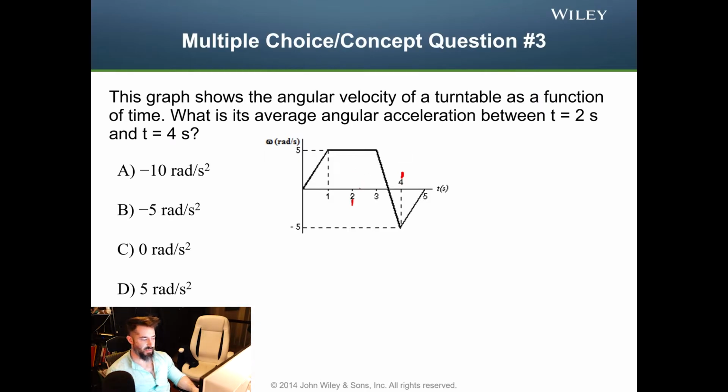Again, this is just to get you used to reading graphs and plots. Remember, this is omega over here, which is in radians per second, and then you've got time. So when it goes from 2 to 3, we're at plus 5.